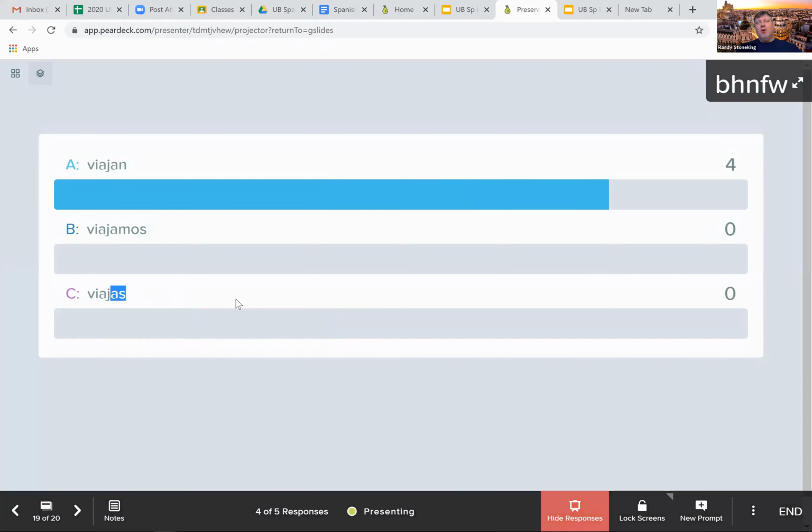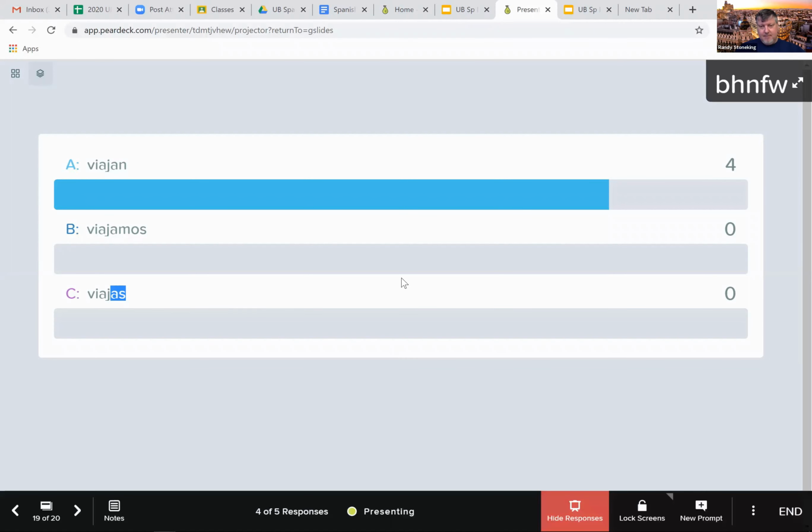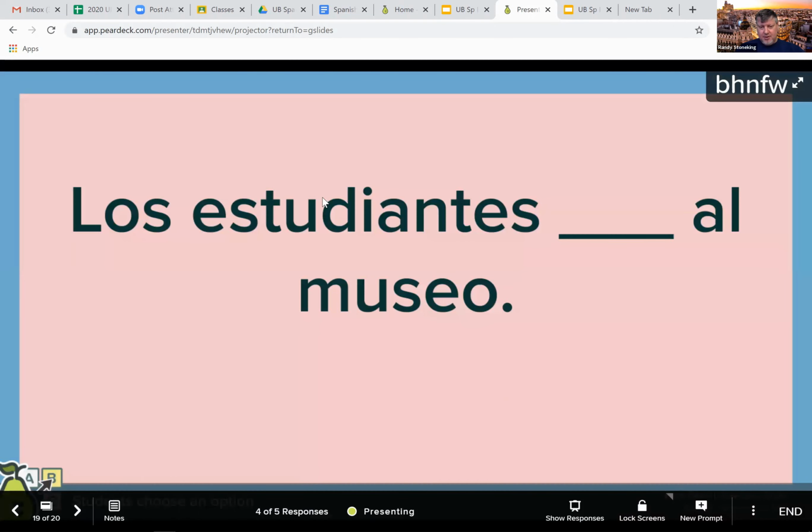And when we say los estudiantes, we can say the students, but we can also say they. We can't say the students and switch it out for you because we're talking about them, not to them. Okay. So los estudiantes viajan al museo. Students are traveling to the museum, right? Los estudiantes viajan al museo.